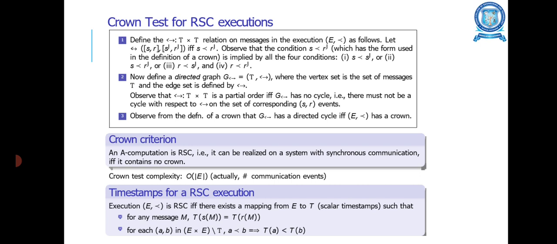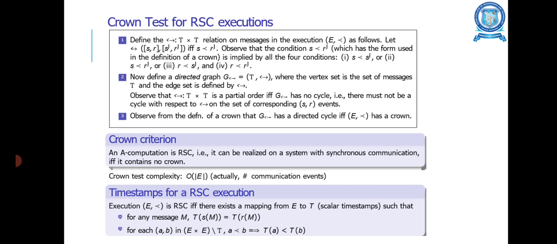Now we define a directed graph G equal to (T, tends to), where the vertex set is the set of messages T and the edge set is defined as the arrows. Next, observe from the definition of crown that the graph has a directed cycle if and only if (E, precedes) has a crown.